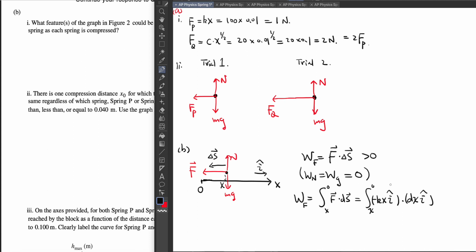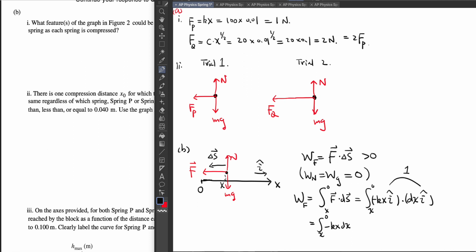I hat equals 1, so that's something we know before. And now the integral here becomes a scalar integral. So we have negative kx dx, x goes from x to 0.